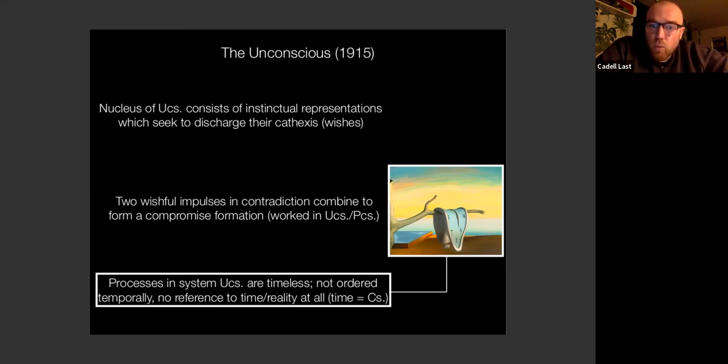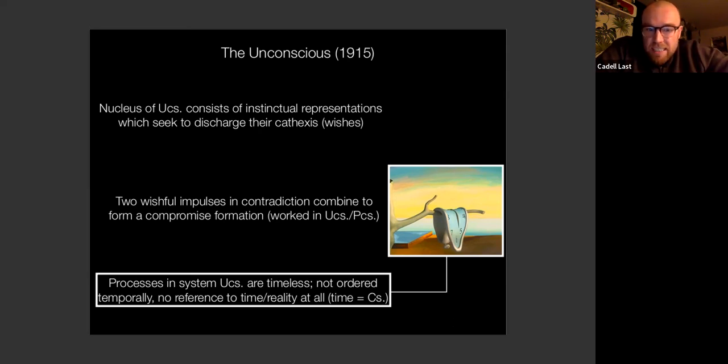He says that when two wishful impulses are in contradiction, they combine to form a compromise formation that's worked out in the unconscious or the preconscious. However, the unconscious in itself does not do this. So in other words, when you are working through contradictions of desire, this is occurring on the level of the tension between the preconscious and the unconscious. Sometimes you may make compromise formations inside yourself without even knowing you've done it.